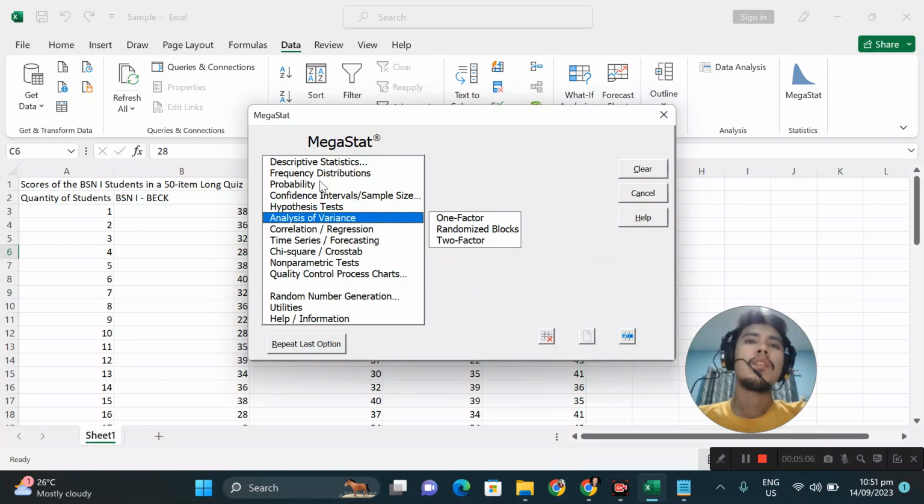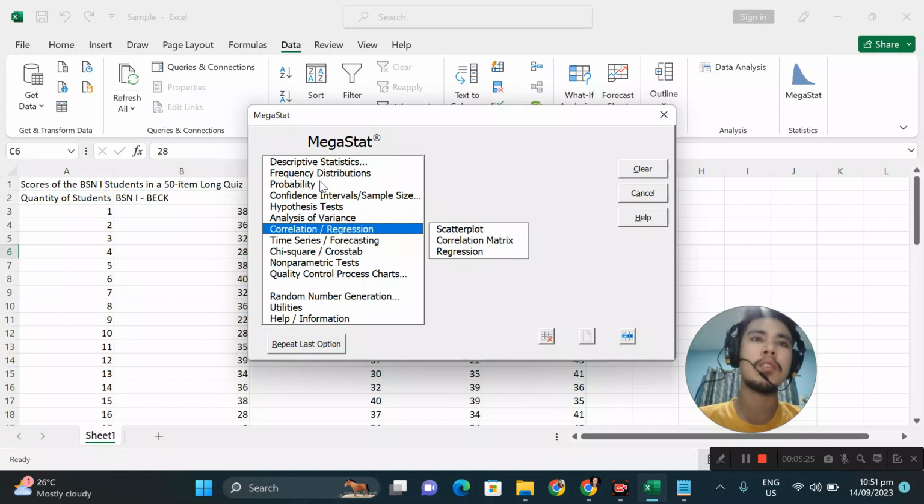And of course, we also have the ANOVA, or the analysis of variance: the one factor, the randomized blocks, and the two-factor analysis of variance. And we have the very generic, commonly used statistical treatments, the correlation and regression, which include the scatter plot, the correlation matrix, and the regression.